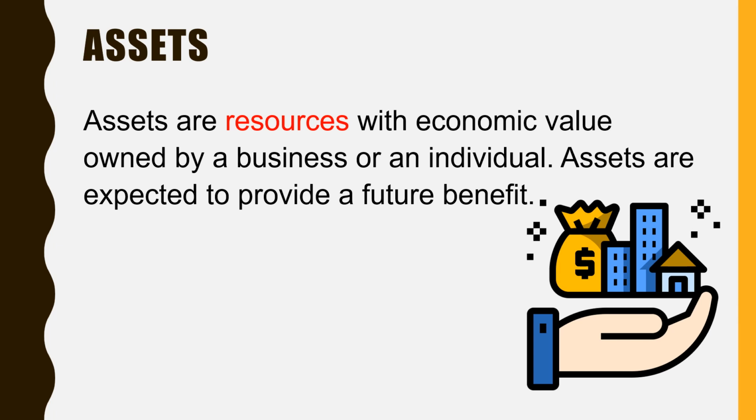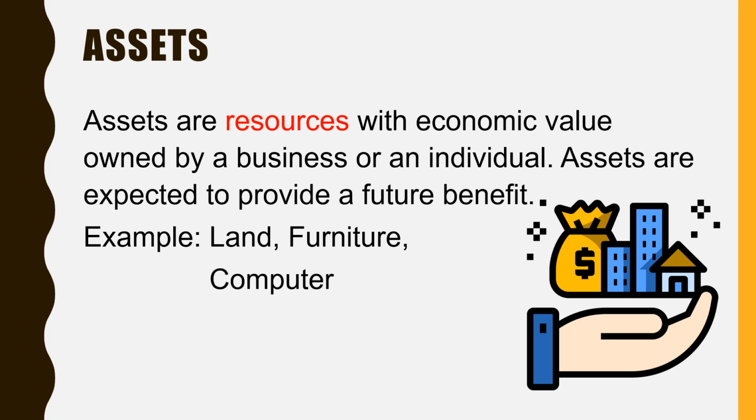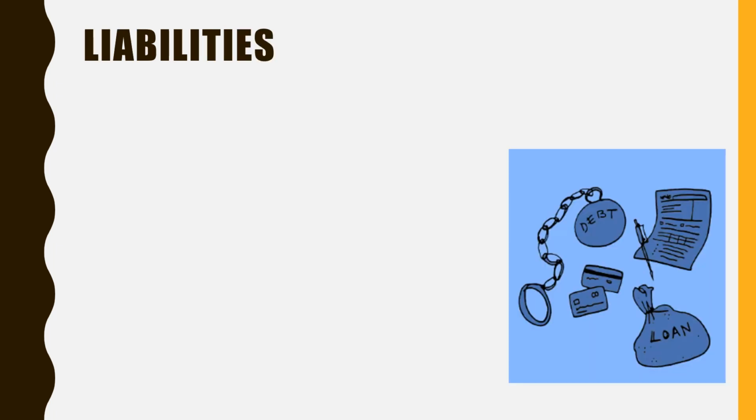So something which will give a benefit in the future, which should be a resource and at the same time should have some economic value, we will call it an asset, like land, furniture, or a computer. These are the normally used assets of a business or in our personal life.